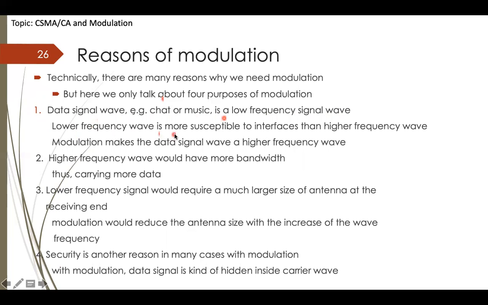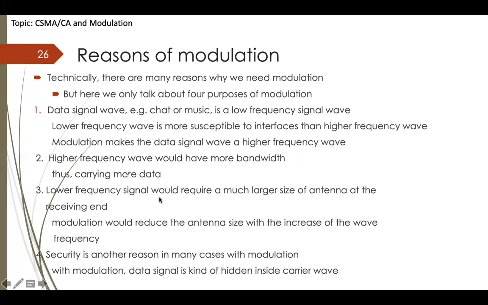A lower frequency wave is more susceptible to interference than higher frequency waves. Modulation makes the data signal wave a higher frequency wave. So this converts your signal to a higher frequency wave. A higher frequency wave would have more bandwidth, thus carrying more data. This is another benefit of performing modulation.